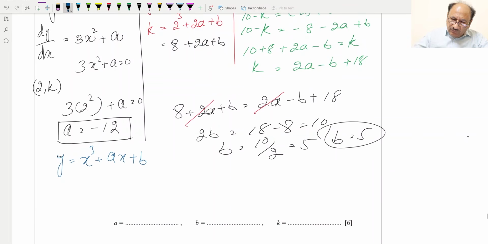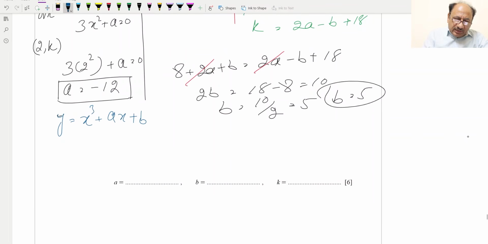Now we have the a value and the b value, so we can use this point also, which is (2, k), so k will be equal to 2 cubed plus the a value, which is minus 12, times the x value 2, and plus the b value, which is 5.